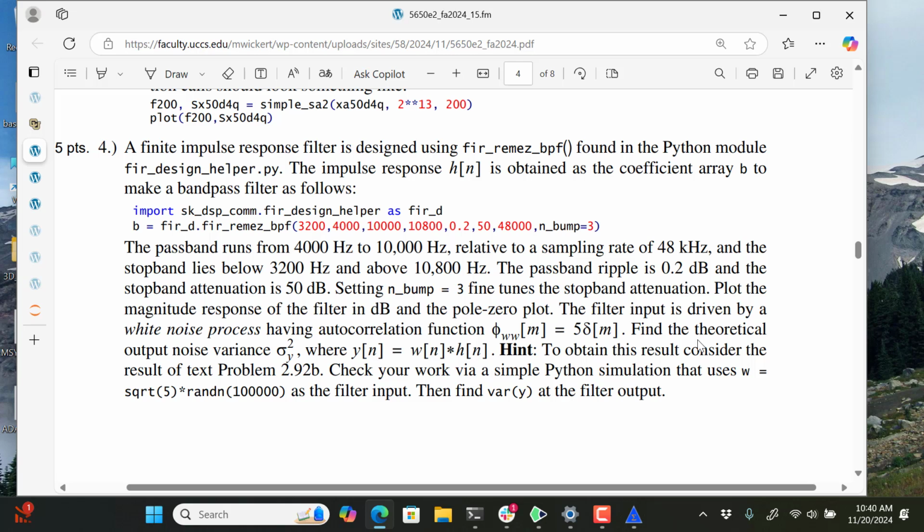So the simulation means is to just simulate it and drive the noise through that filter and then measure the variance using the VAR function in Python. And then you're going to theoretically calculate it using something that was actually developed in problem 2.92b, but have no fear.